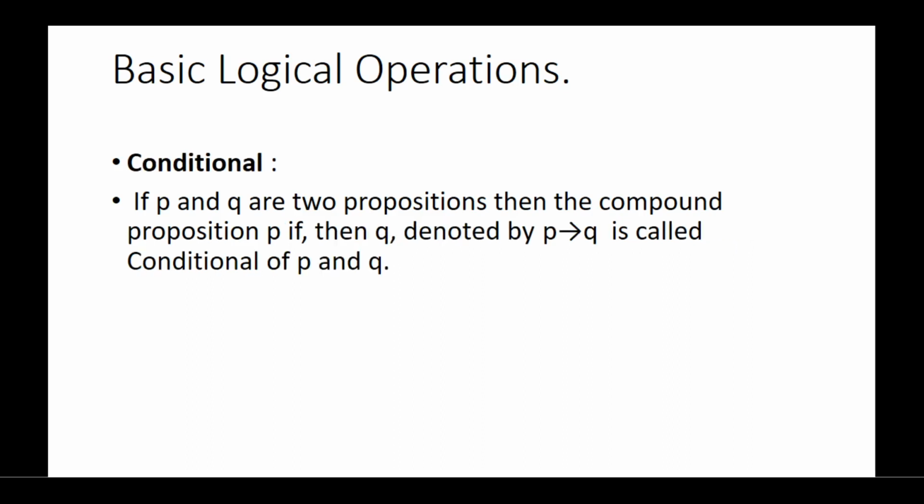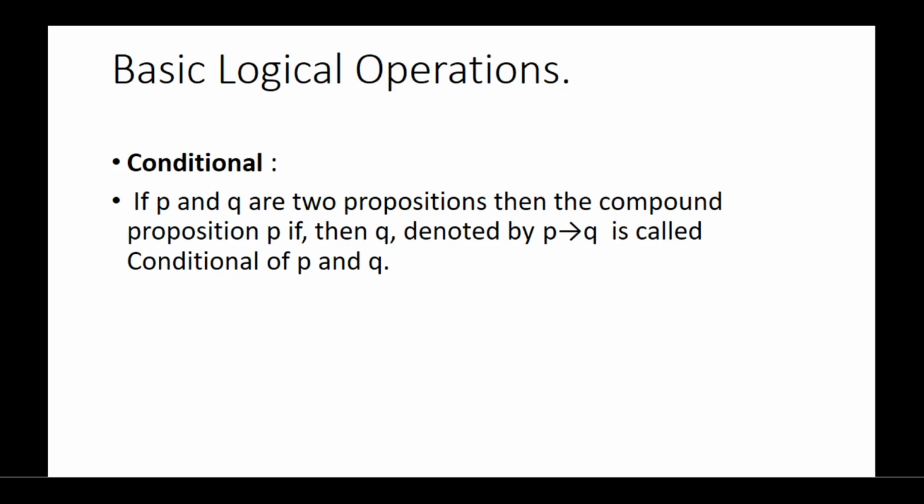Conditional. Consider the two propositions: Mohan is intelligent, and the second proposition, Gopal is a good swimmer. If Mohan is intelligent, then Gopal is a good swimmer. First we write if Mohan is intelligent, then we write then Gopal is a good swimmer.